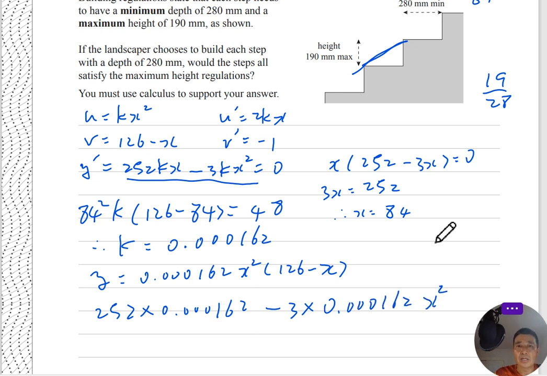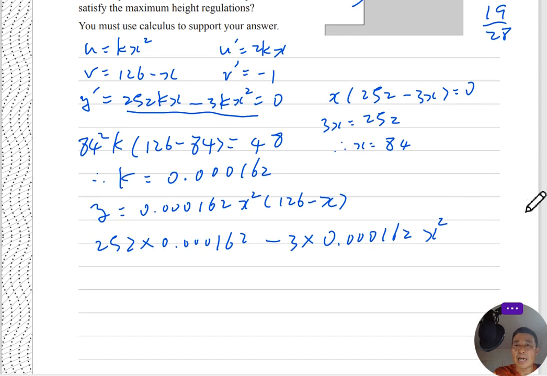That's the gradient function. Is there any point where it's greater than 19/28? That's a problem. If it's greater than that gradient, that breaches the regulation, which is not good. If it doesn't happen, which is good, it's low enough to be safe. But if it's greater at any point, then we have to sort it out.